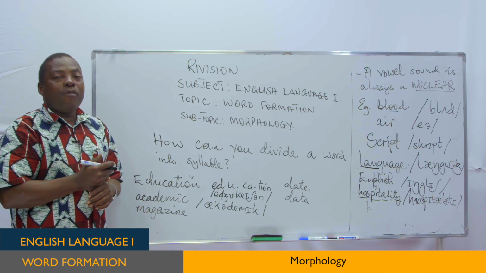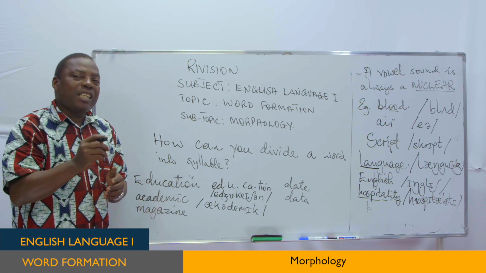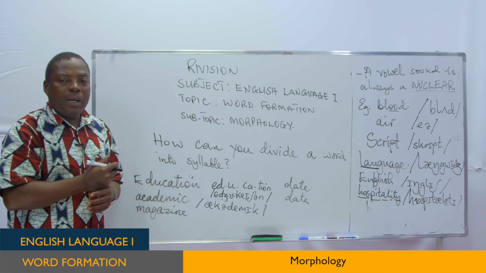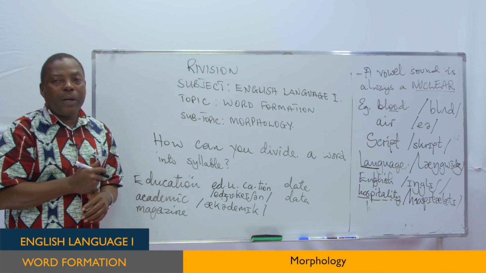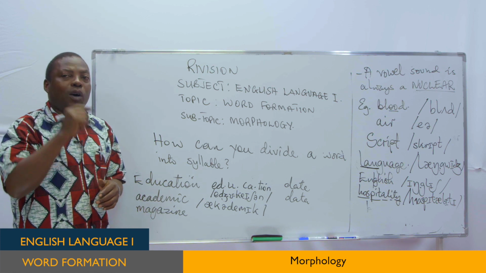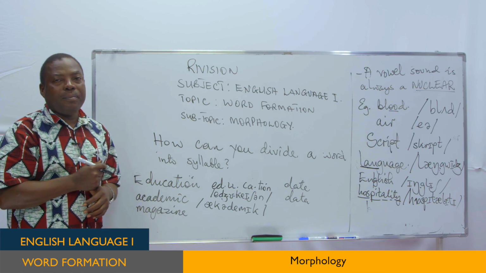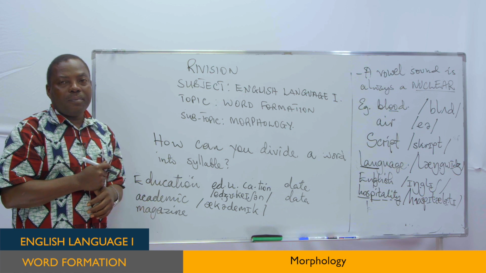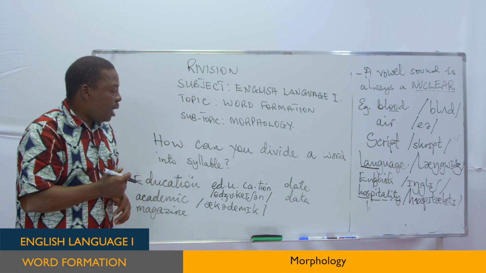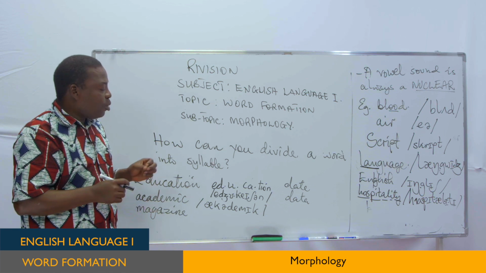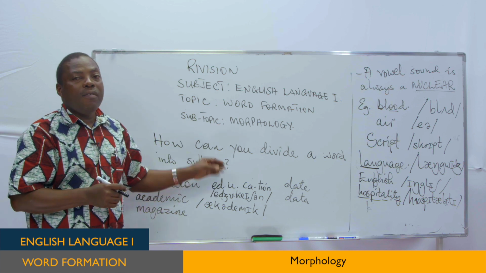That's where you have to know that the word has to be divided by its syllable and not just cut anywhere. At the end of a syllable, that is where you have to divide the word, but not anywhere else. That's the important reason why people have to study syllabic division.